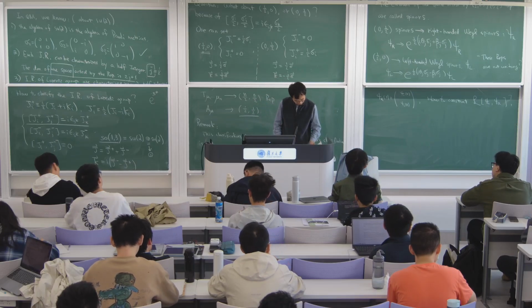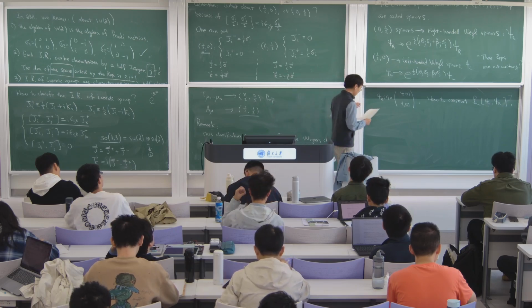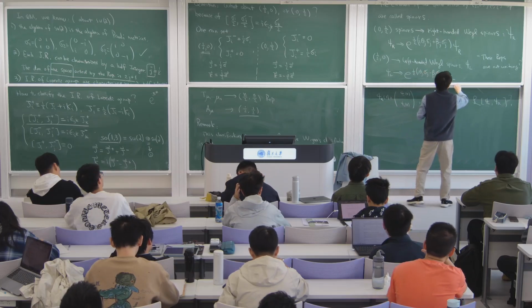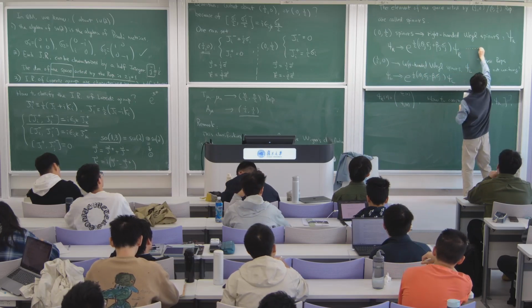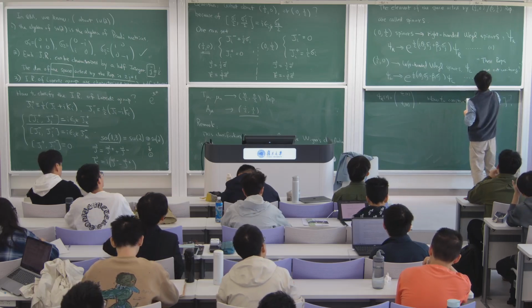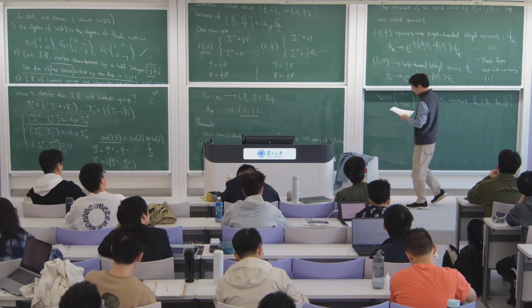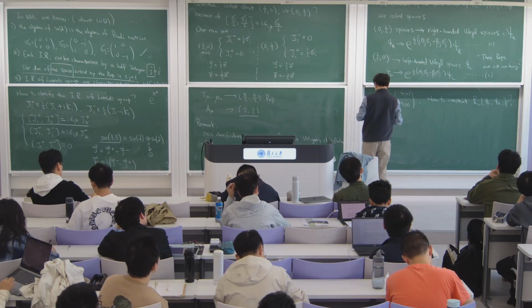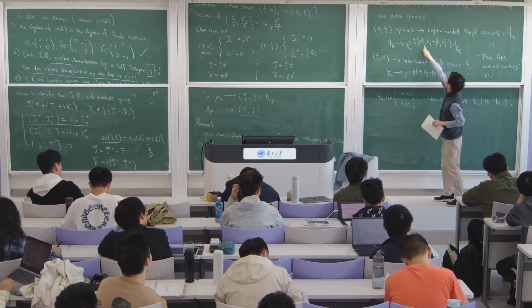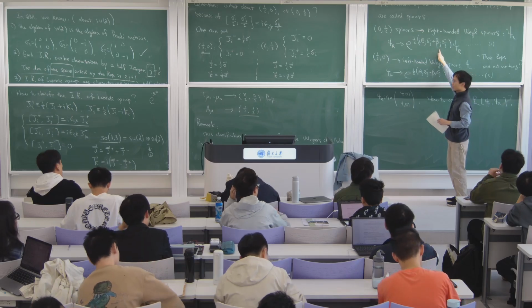For spinors, we know the Lorentz transformation properties. For example, this is equation 1 and this is equation 2. 1 is for the right and 2 is for the left. From there, we can do a small parameter expansion. We can think theta and beta are small and do the expansion.